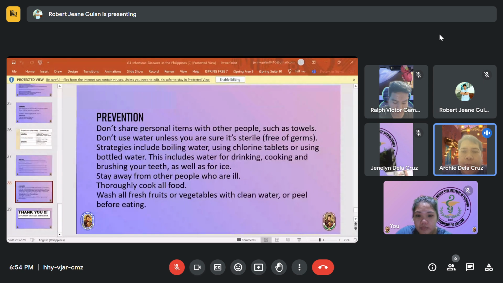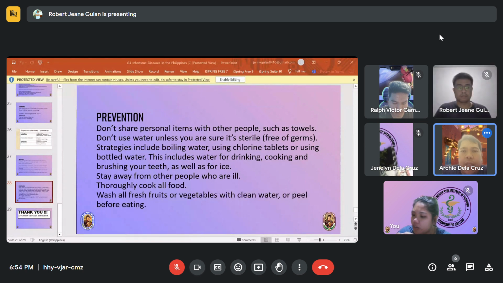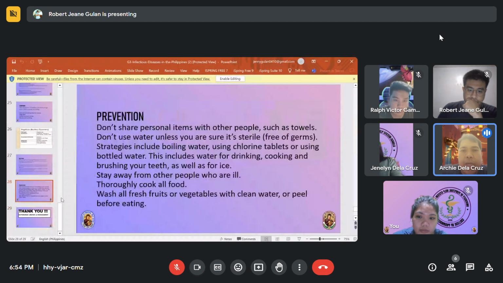This includes water for drinking, cooking, and brushing your teeth, as well as for eyes. Stay away from other people who are ill. Thoroughly cook all food. Wash all fresh fruits or vegetables with clean water or peel before eating.